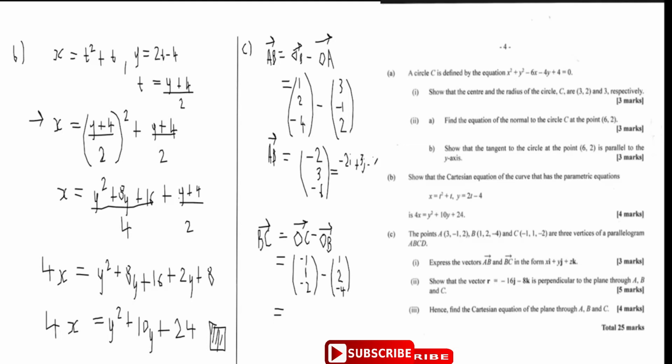So minus 1 minus 1 is minus 2, that's i. 1 minus 2 is minus 1, that's j. Then minus 2 minus minus 4 is plus 2k. That's vector BC. All right. Nice.